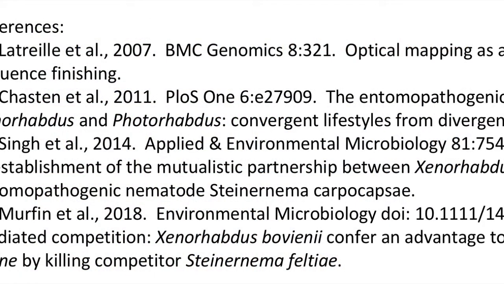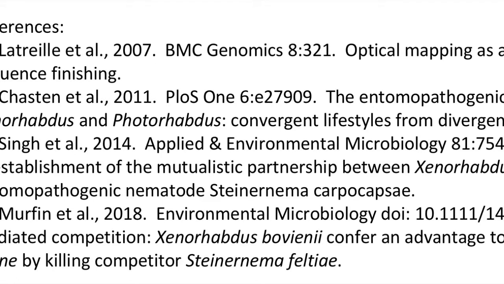Since the publication of these genomes, several labs have tested hypotheses using wild-type and mutant strains in both in vitro and in vivo experiments. For example, Singh et al. used mutants of X. nematophila unable to make different antimicrobial compounds to figure out how the bacterium kills off competitor bacteria inside a dead insect larva.